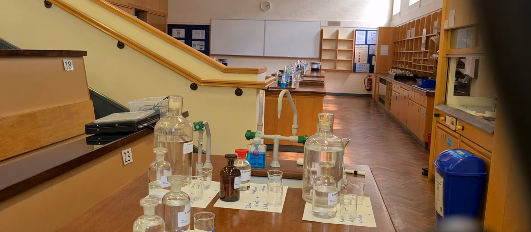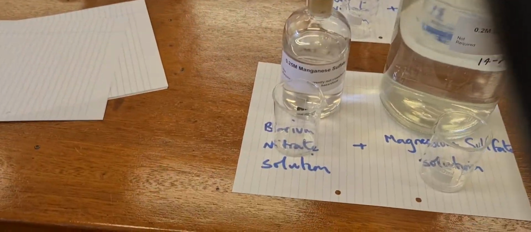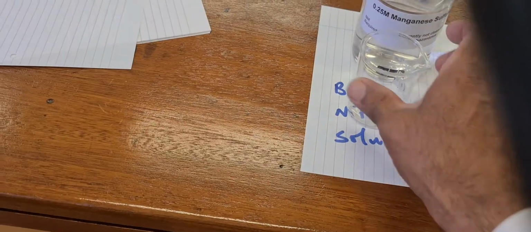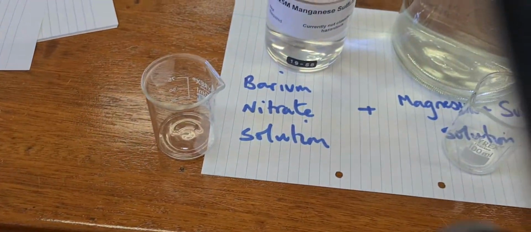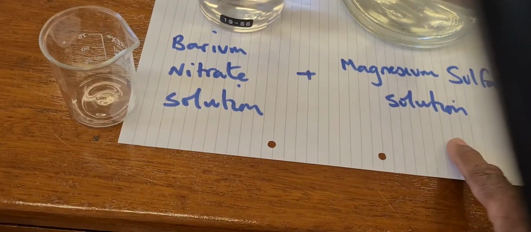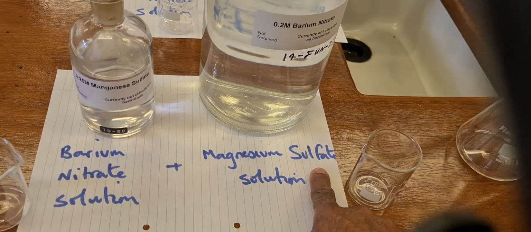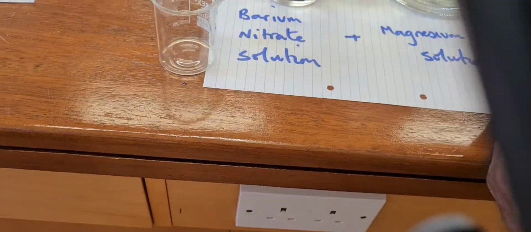So, maybe I can hold it like this. The two solutions, barium nitrate and ideally here I'd want sodium sulfate, which I couldn't find. Oh, barium nitrate this way around.